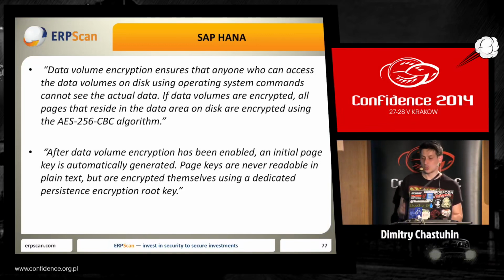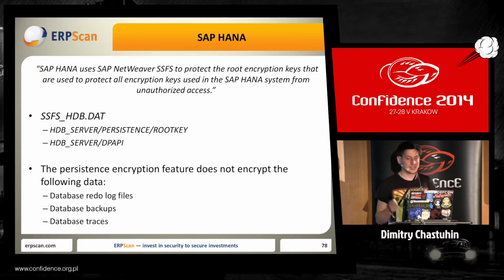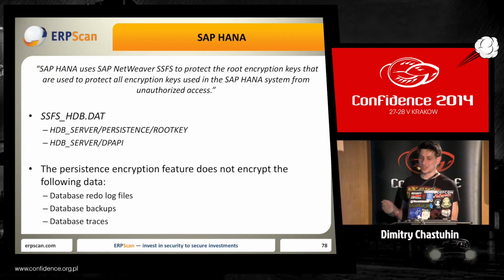The main question is where this root key is stored. Exactly, this key is encrypted and stored in the security storage, in the file ssf/hdb.dat. That's how an attacker will get the root key and bypass volume encryption.